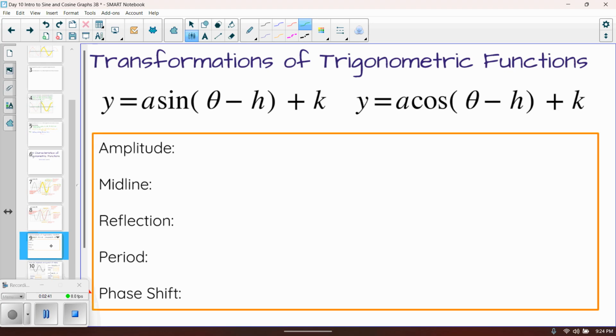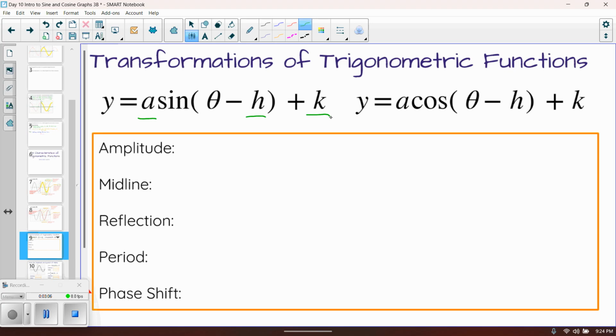If there's one thing you should recognize here, it's that we've got three very familiar letters up here: A, H, and K in both equations. And you know what? They do exactly the same thing that they have done for every other equation we have dealt with so far this year. Doesn't matter what kind it was, they all do the same thing.